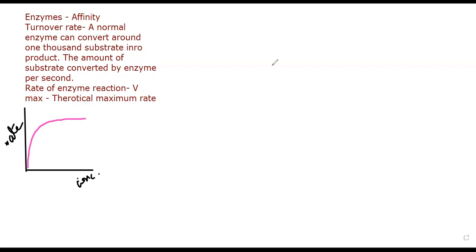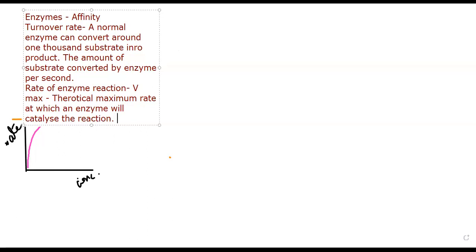This maximum rate reached by the enzyme is known as your Vmax: the theoretical maximum speed at which the enzyme will catalyze the reaction, right?